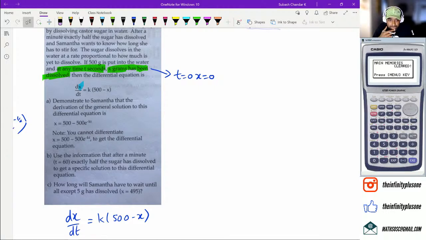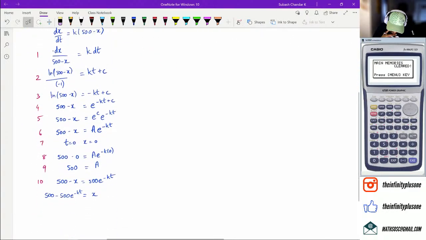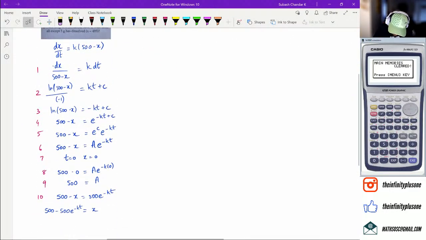So the second part is just substituting t equals 60, guys.